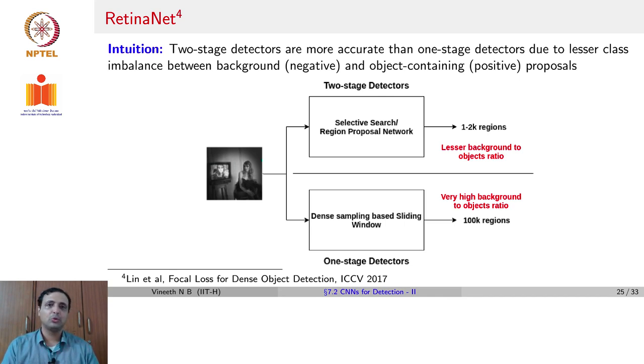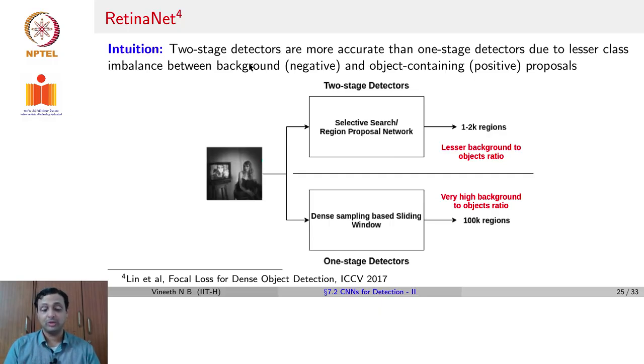A more recent approach to object detection focused on the loss function that's used to train these object detectors. This was known as RetinaNet, and the loss function that was proposed is known as the focal loss, which was proposed in ICCV of 2017. This relies on the intuition that two-stage detectors were known to be more accurate than one-stage detectors.